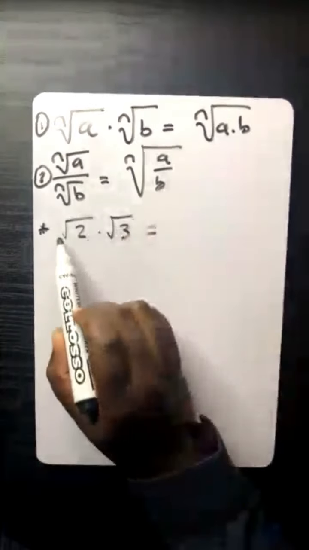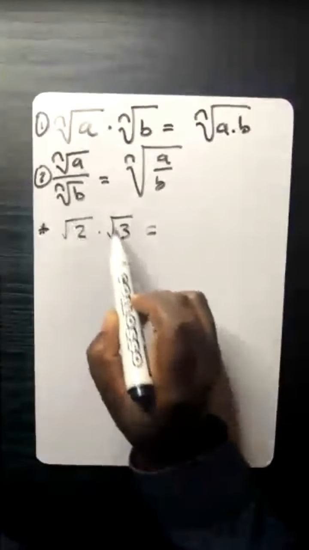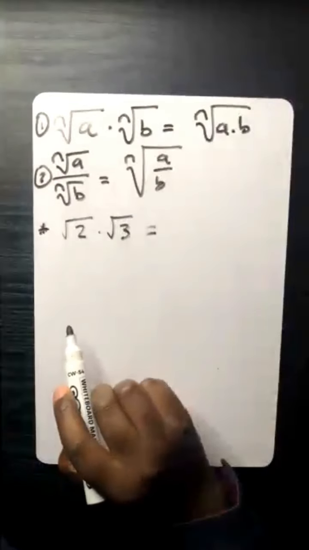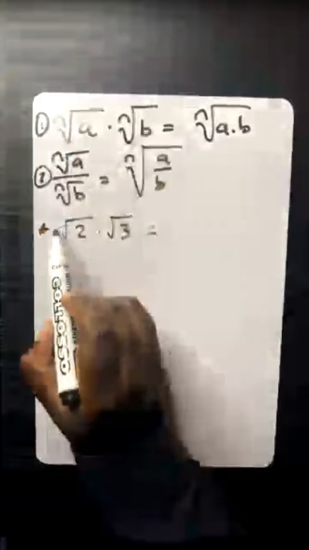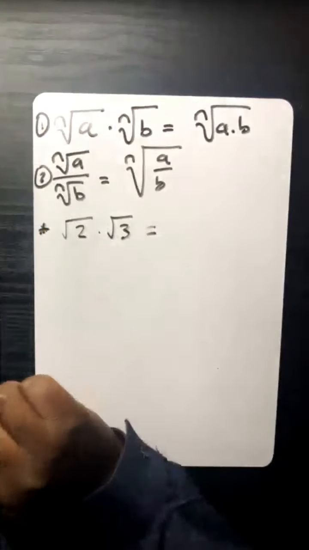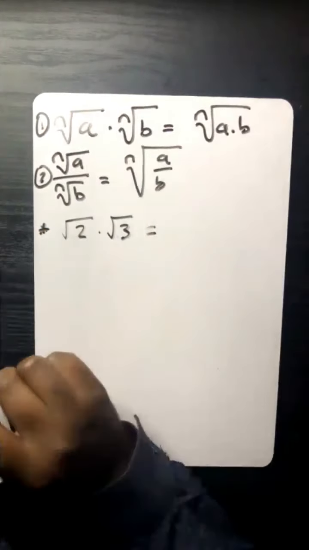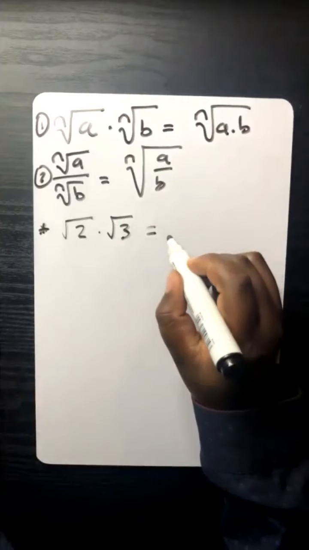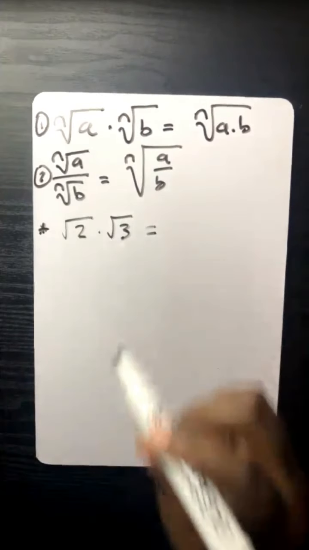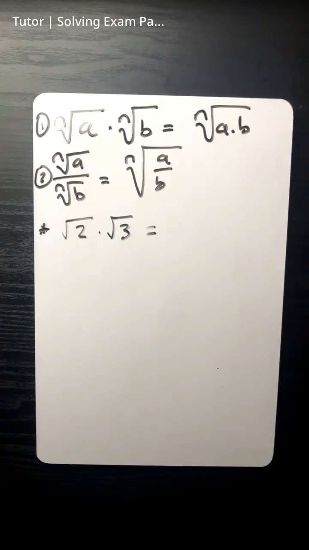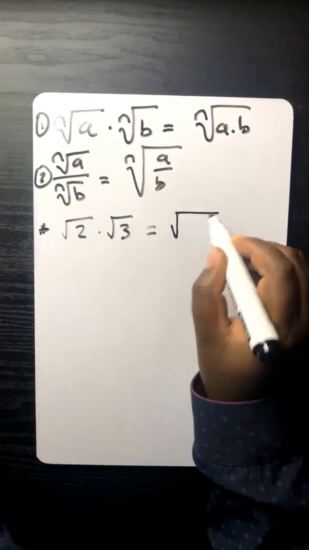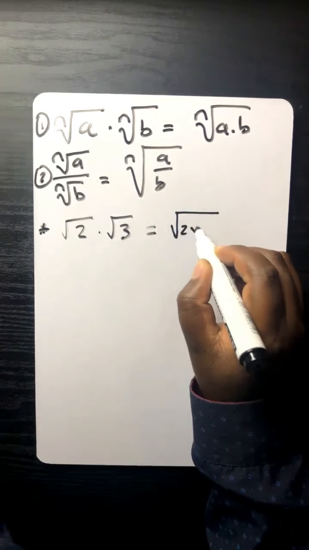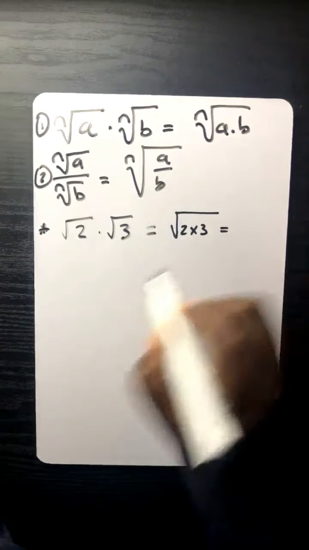So Shreyas, in this case, you've got square root of 2 multiplied by square root of 3. So it is obviously given in that format whereby in place of n, we've got that invisible 2, which means this can be equated to, let me get a new marker, invisible 2 square root of 2 multiplied by 3.